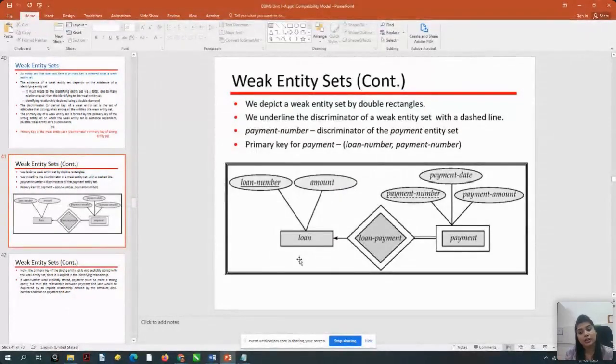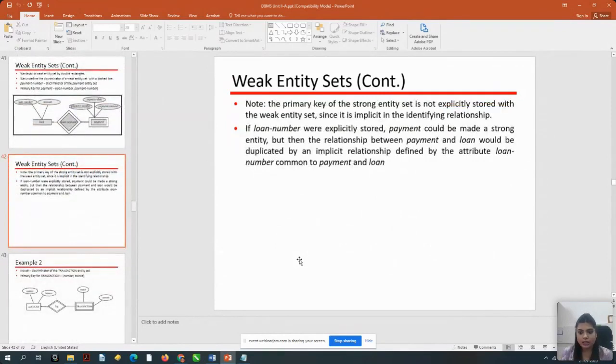It will become a strong entity set, because then it will have a loan number as its own primary key, and you can link these two tables through the loan number. Okay. But if it is not explicitly stored, then the payment will act as the weak entity set only.